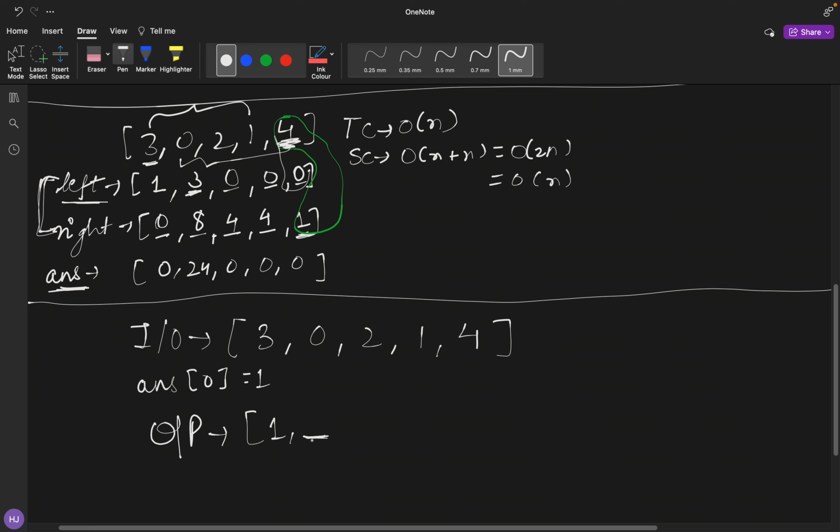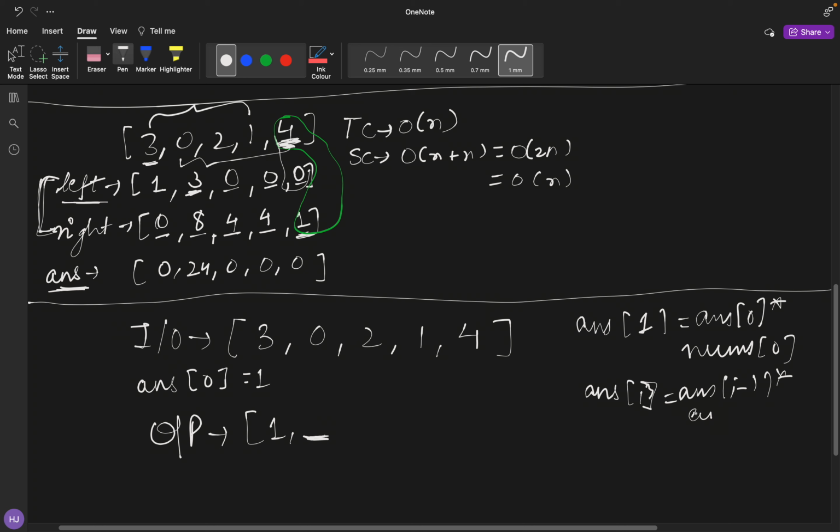So the basic formula with which I came up is that answer of i would be answer of i minus 1 into nums of i minus 1. Okay, fair enough, because I am storing my previous results in the current.